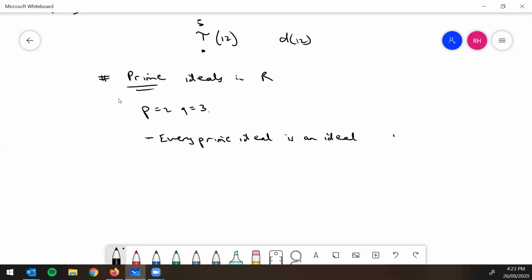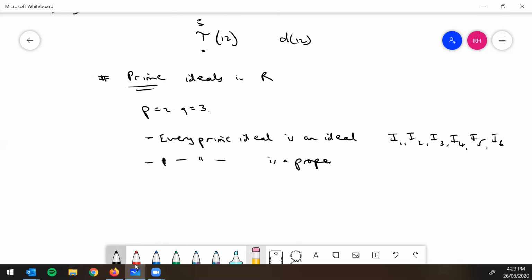So we had I1, I2, I3, I4, I5, I6. So we're starting out with 6 of them, but then it's got to be a proper ideal. So every prime ideal is a proper ideal.